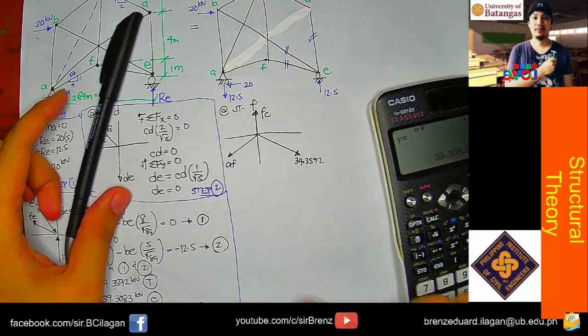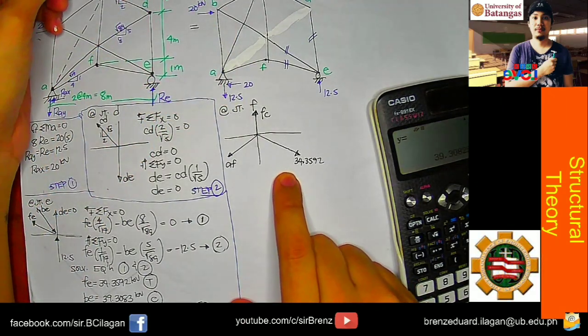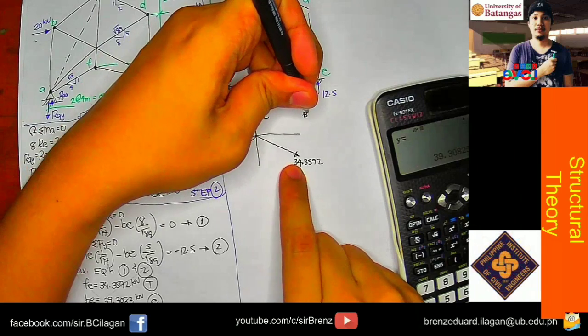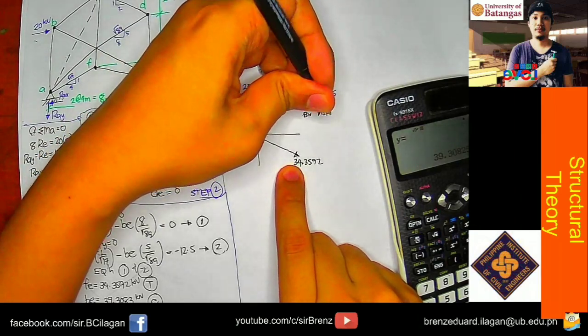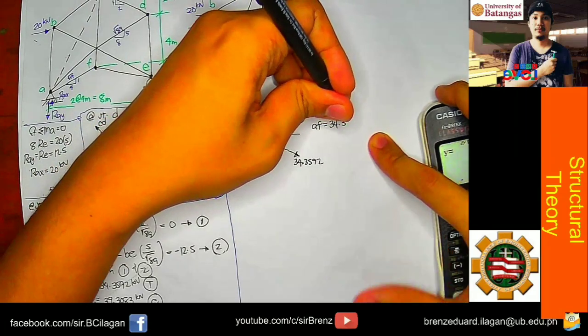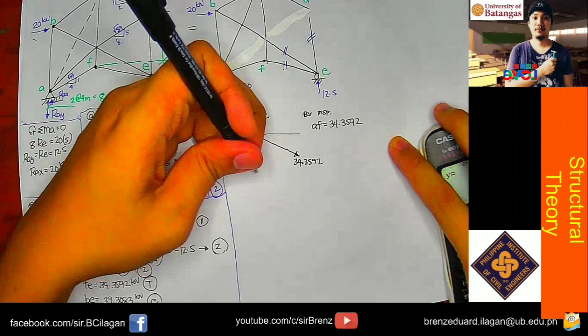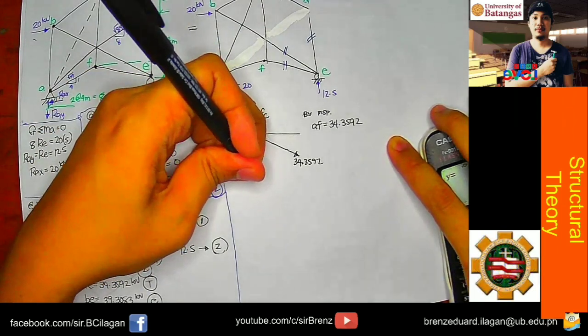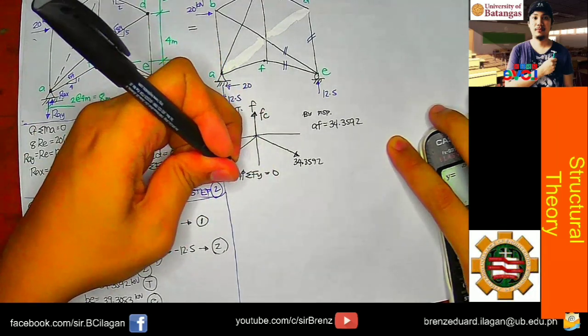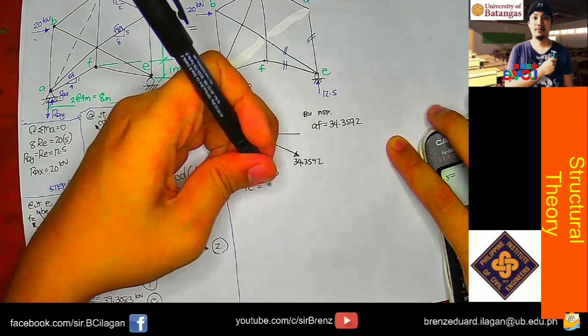Okay, so gaya nga ng turo ko sa inyo, AF is just equals dun sa member FE. So by inspection, AF is equals to 34.3592. Okay? And then kapag nag-summation tayo ng forces ng Y, summation of forces Y equals to 0, assuming upward direction as positive, the equation will be FC is equals to, so since pababa yan, doblehin na natin, no?